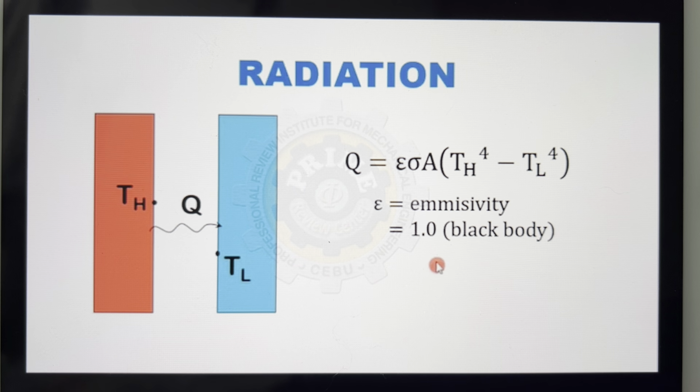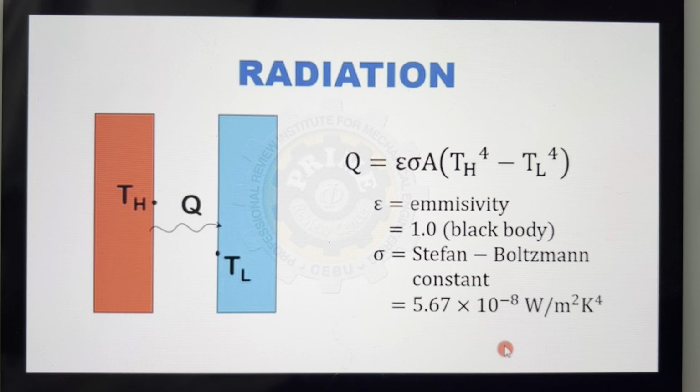Okay, so next, yung sigma naman is called the Stefan-Boltzmann constant. So yung value niya is 5.67 times 10 to the power of negative 8 watts per meter squared Kelvin raised to the power of 4. Okay, so yung sigma is actually the constant 31 in your calculator.